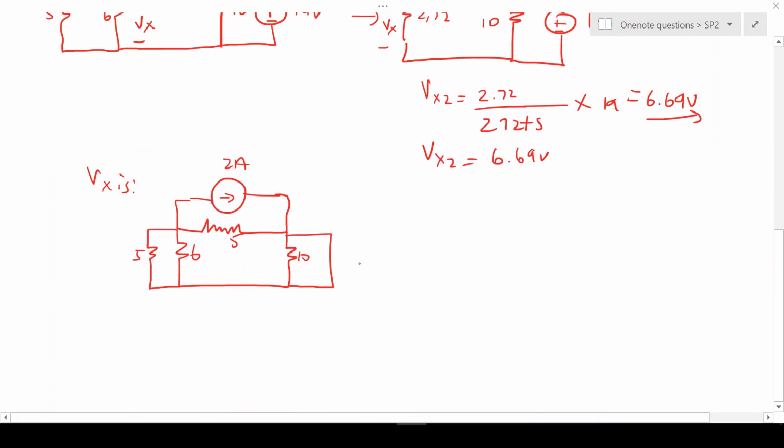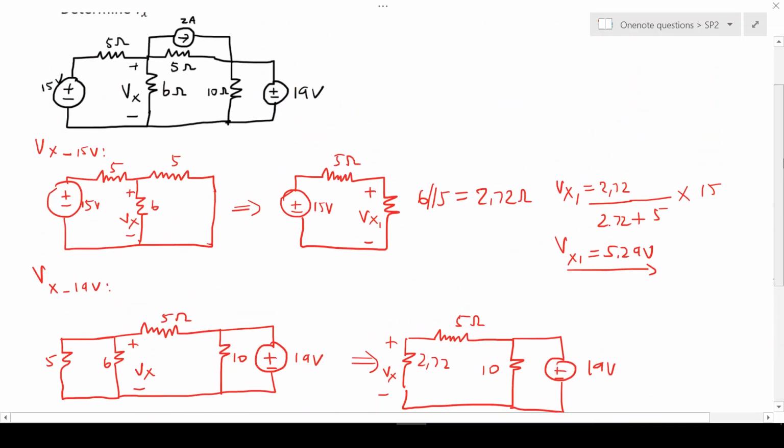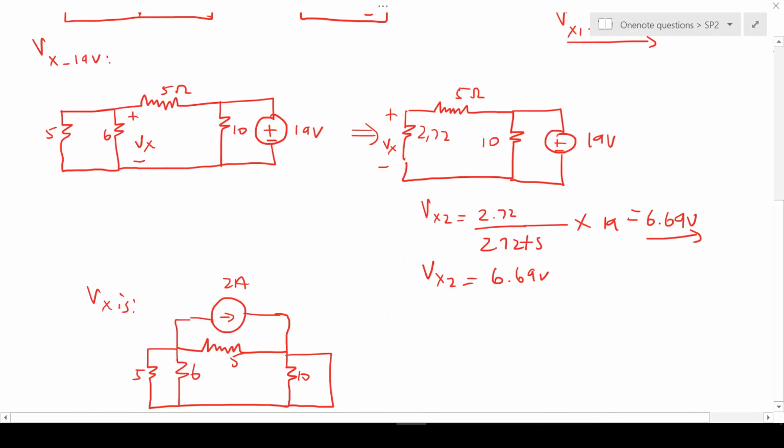Right, we should be able to simplify this, but we also need to take note of the fact that we're looking for the voltage plus minus Vx. So we put that together again and we will get a value of 2.72.